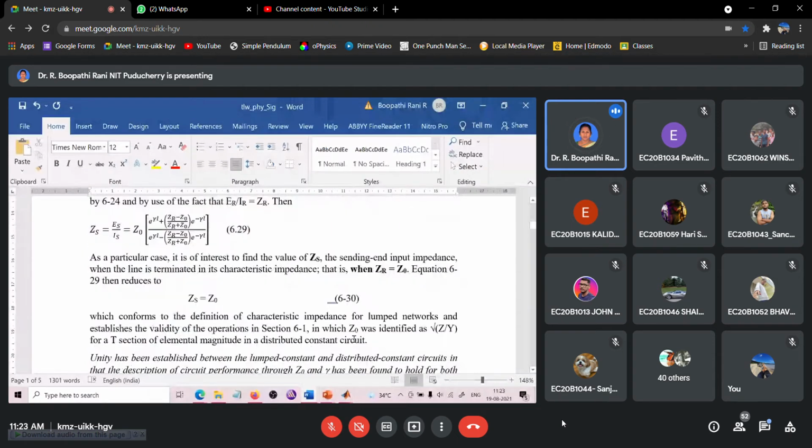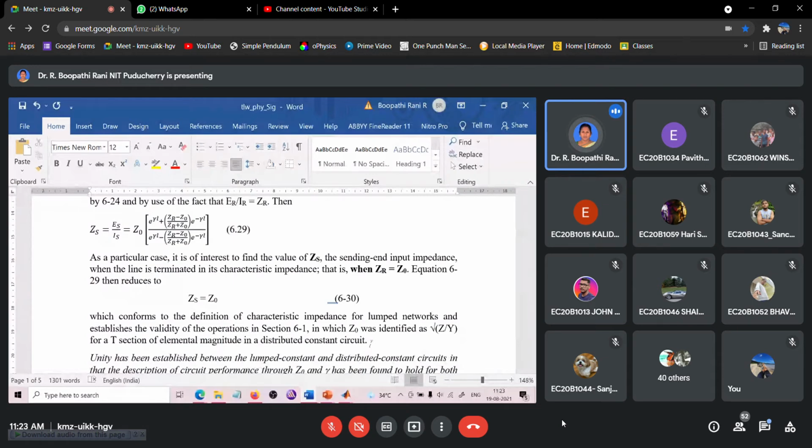So we are seeing two different approaches. If the line is terminated with Z naught, then the input impedance measured for the line is equal to Z naught. And if the line is of infinite length, that time also input impedance is Z naught.